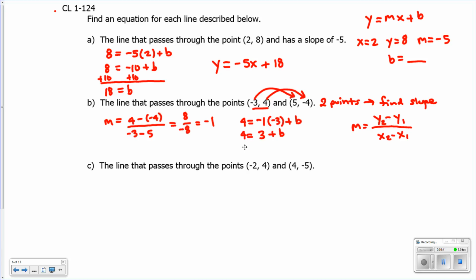We subtract our 3 from each side, and we get b equals 1. So our equation is going to end up being y equals our slope, which is -1, so we have -x, or -1x if you need it, plus 1.